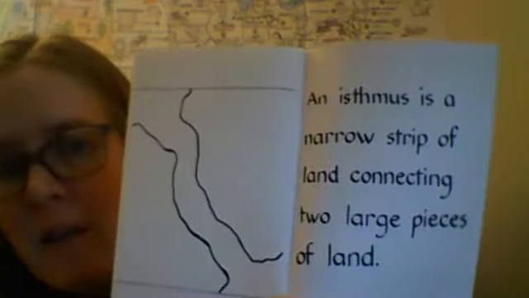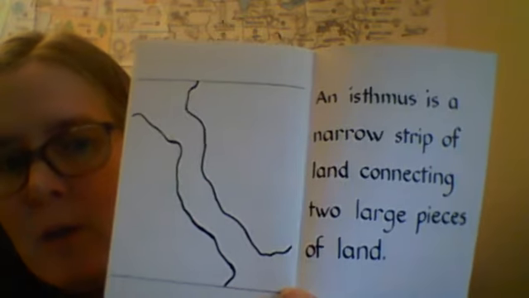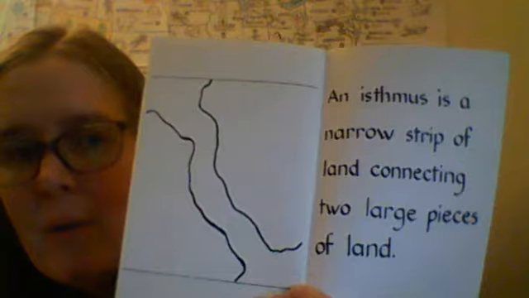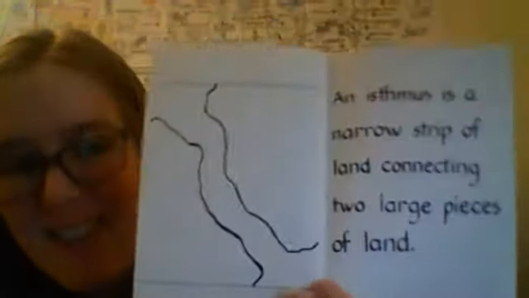All right. So our definitions. An isthmus is a narrow strip of land connecting two larger pieces of land.